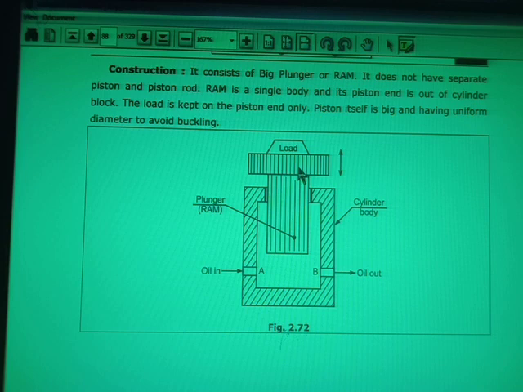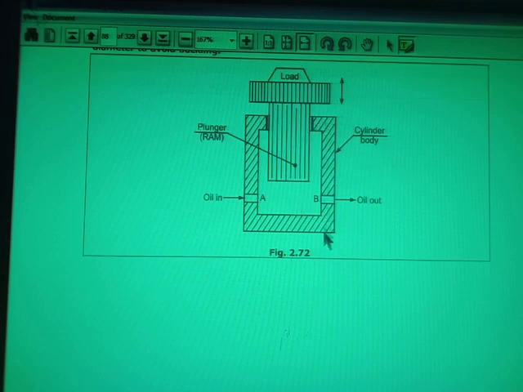Therefore it is known as the ram cylinder, or the single acting ram. It consists of a big plunger, known as the ram, whose diameter is more than 50% of the piston, and both are made from a single material. Now, this is the cylinder body and piston.